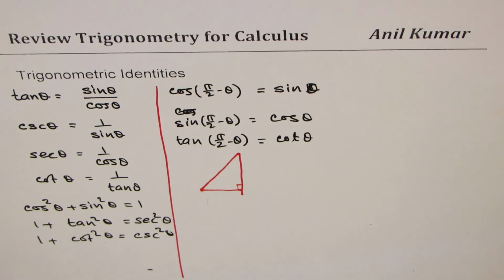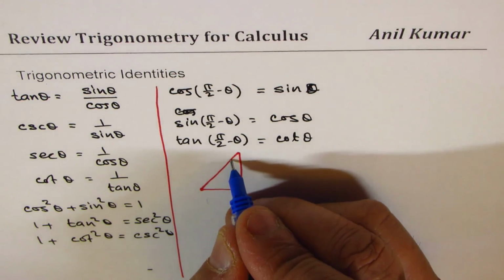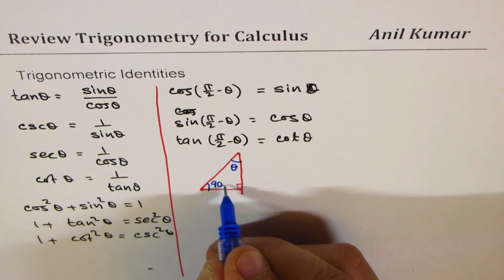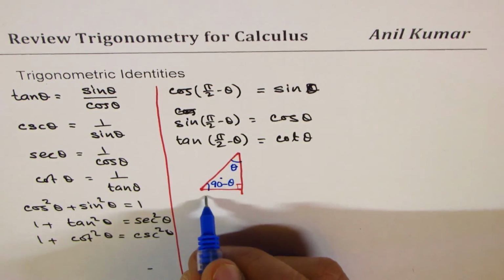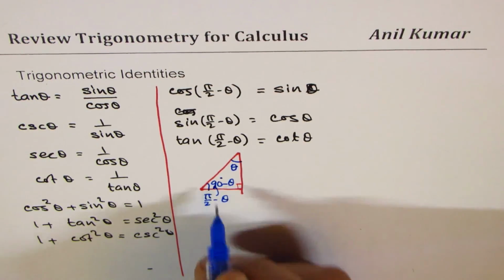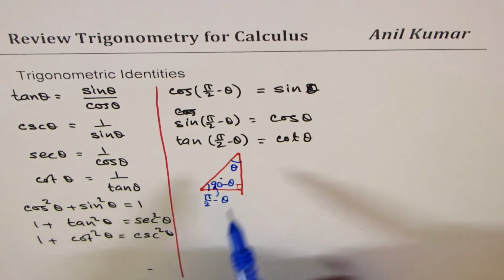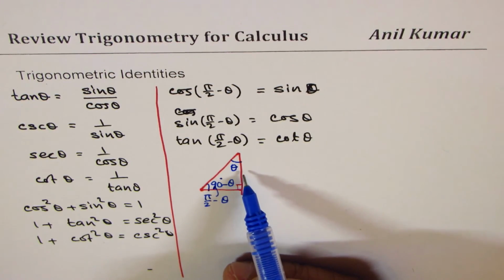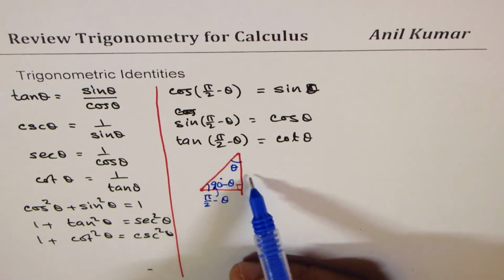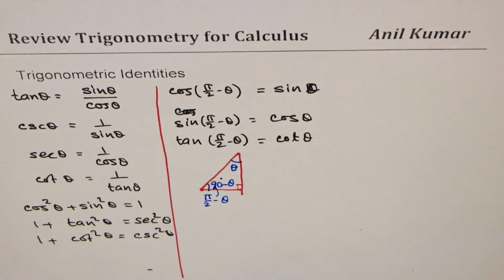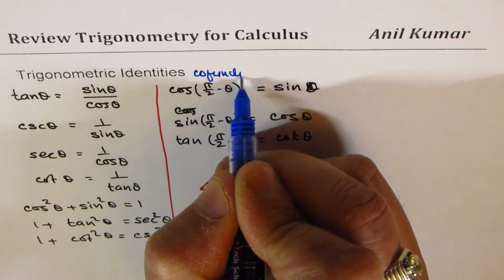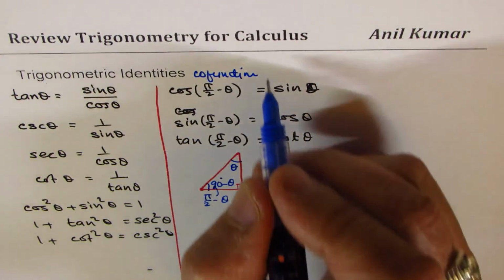So if one of the angles is theta, and then the other angle is 90 minus theta, or you can say pi by 2 minus theta, right? So this angle is in radians pi by 2. If you look from this side, the side is opposite. But if you look from the other side, it becomes adjacent, and that is why you get these identities, and these are called co-function identities, right?